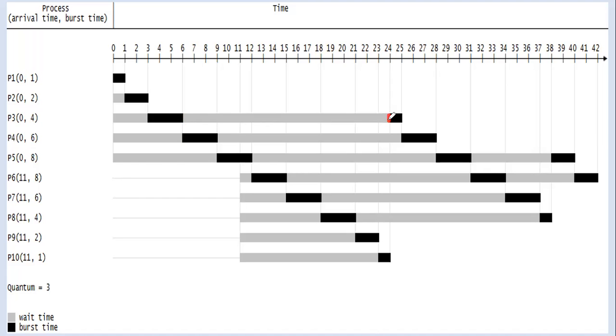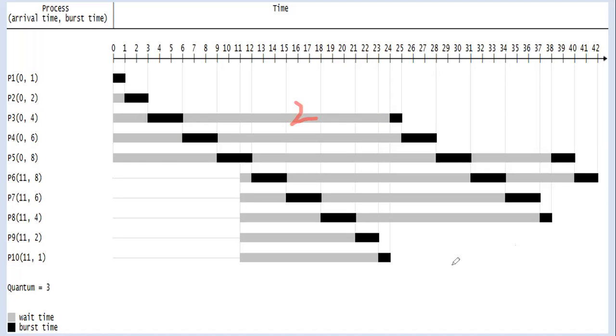That is now 24 minus 6 plus 3 minus 0. So you'll get the waiting time. This is the waiting time for this process, and then the waiting time up to here. So the accumulated waiting time for a process like P3 will be the first waiting time and the second waiting time.